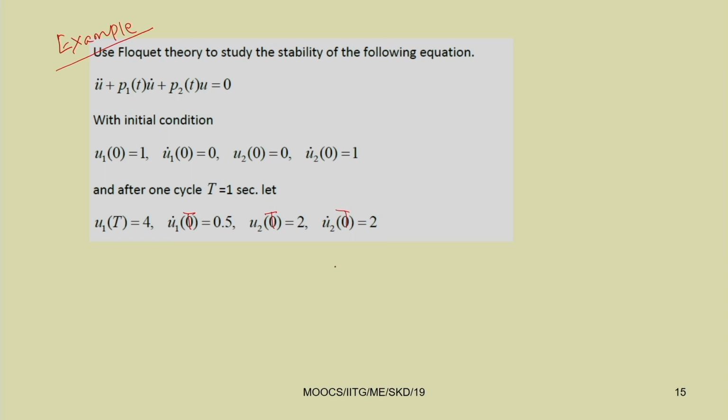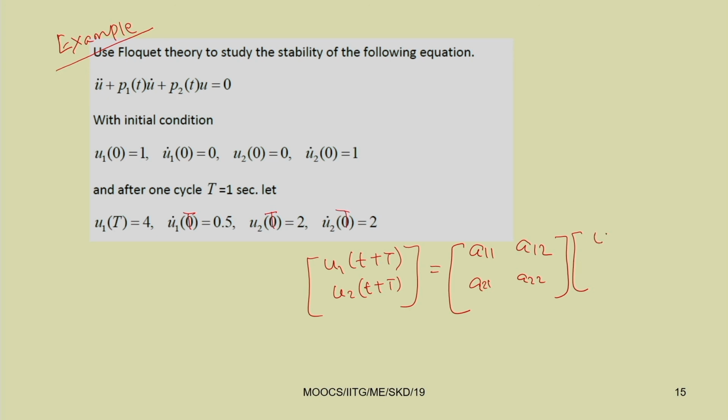So, what can we do? We can write, as we already know, u1(t plus T) and u2(t plus T) equal to the matrix a11, a12, a21, a22 into u1(t) and u2(t). We can write it like this, for example, in this case, since all the things have been given to us.